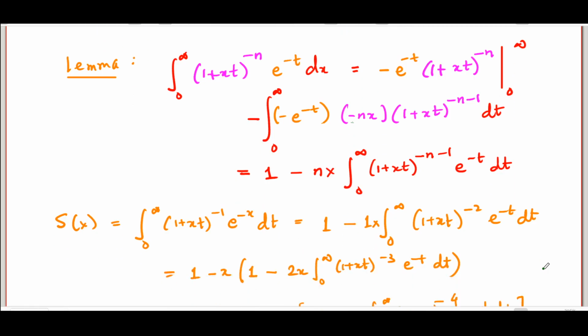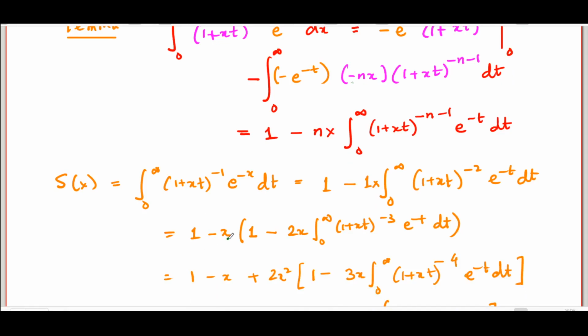Integrated, you can do it again. You can write this integral as 1 minus 2x, n is 2 here, with 1 plus xt to the minus 3, e to the minus t dt. That gives you 1 minus x plus 2x squared into this integral, which can be broken up further using that.